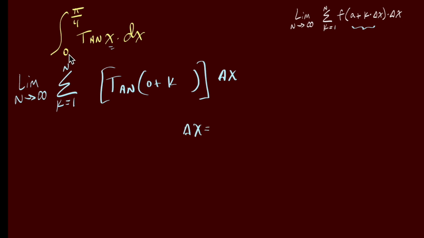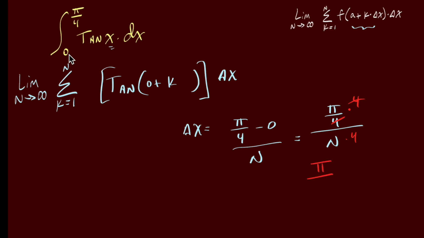So the delta x is going to be b minus a over n. So pi over 4 minus 0 divided by n is going to be pi over 4 divided by n. If we multiply top and bottom by 4, we're going to get pi over 4n as our delta x.